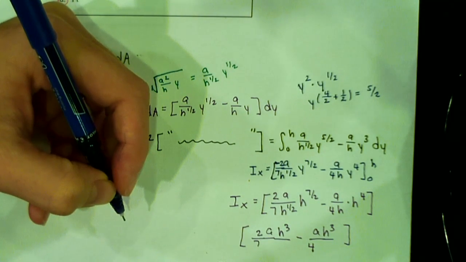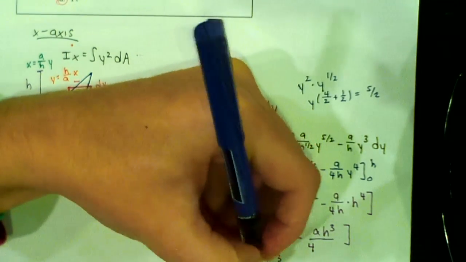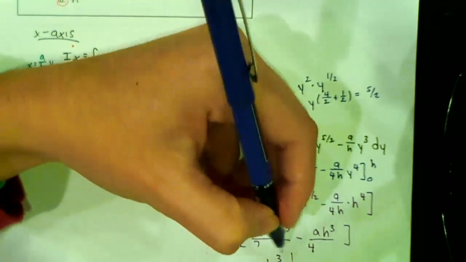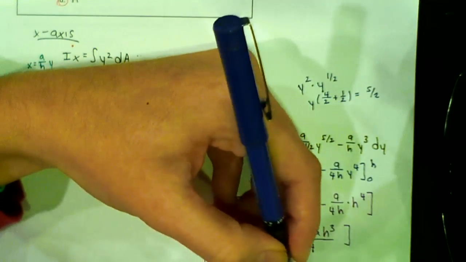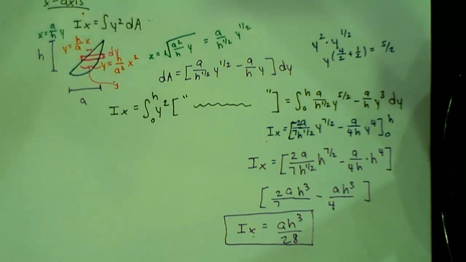I was trying to check my work as I went. Yeah, that's right. So it's a h to the 3 over 28. Any questions about this monstrosity?